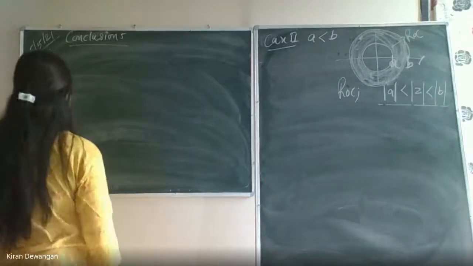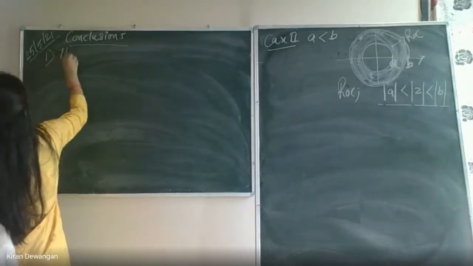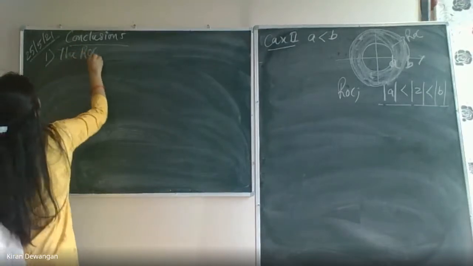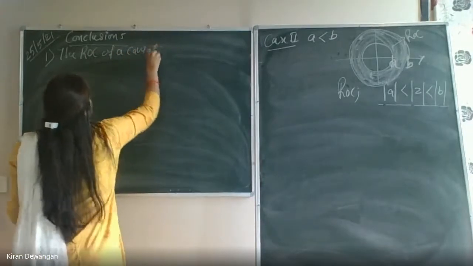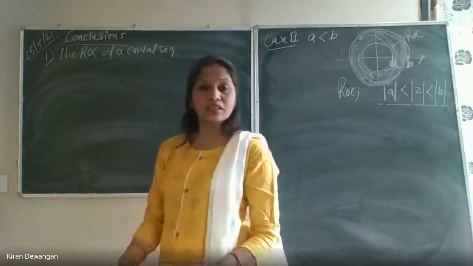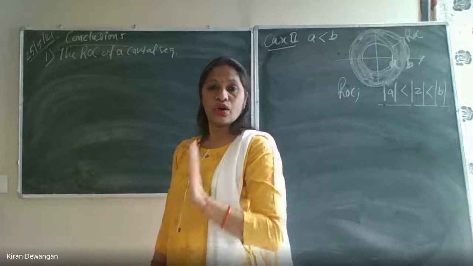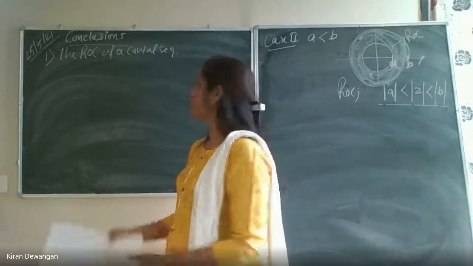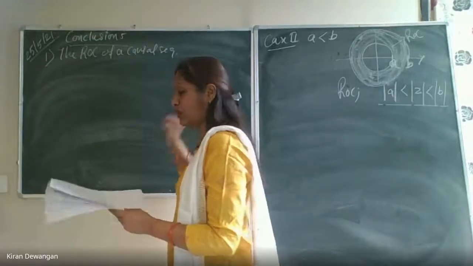First one, the ROC of a causal sequence. Causal sequence क्या होता है? Causal sequence is the sequence which exists only for n greater than 0, which doesn't exist for n less than 0. So the causal sequence is the sequence which exists for n greater than 0 only.